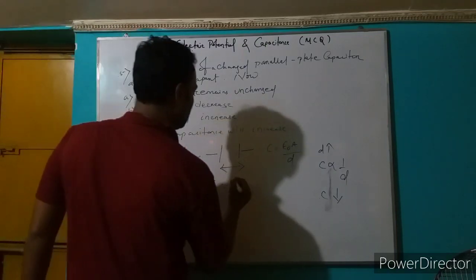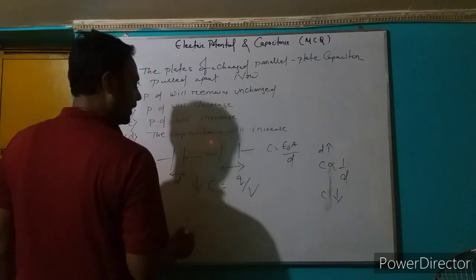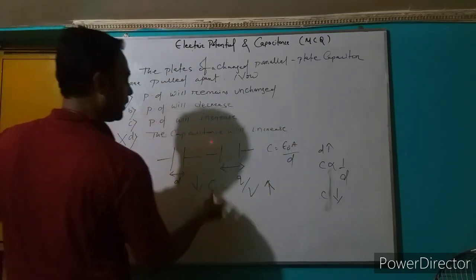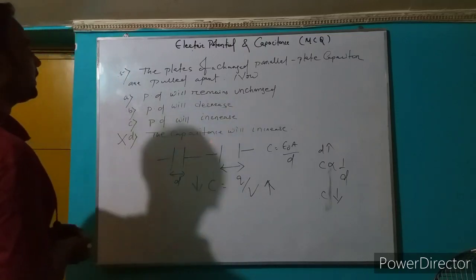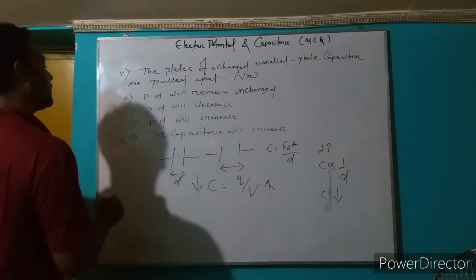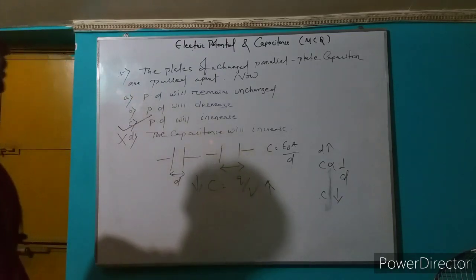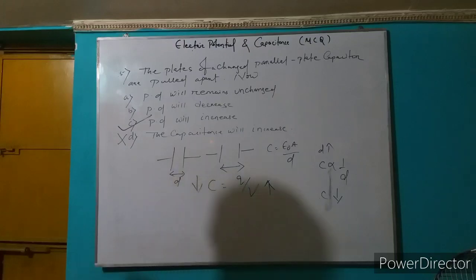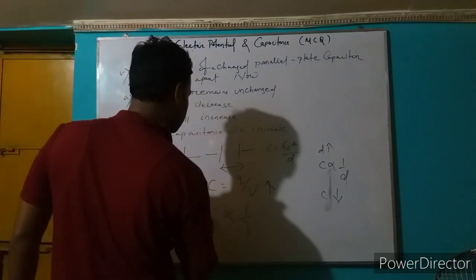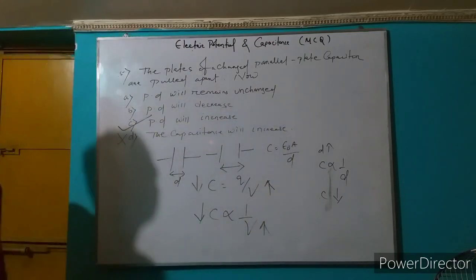Again we know C equals Q by V. If C decreases, then V increases, that means the potential difference will increase. That option is correct, so option C is the correct answer.